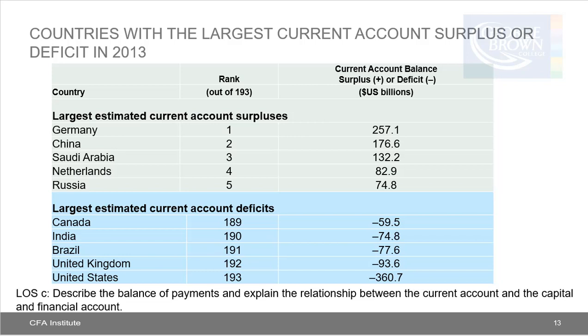Then the countries that have large current account deficits are consuming and investing more than they are receiving. That's the case for the United States, United Kingdom, Brazil, India, and Canada, as listed in the table. Thus, these countries need to borrow money from other countries.